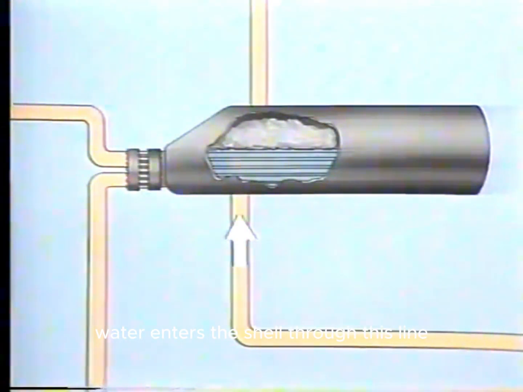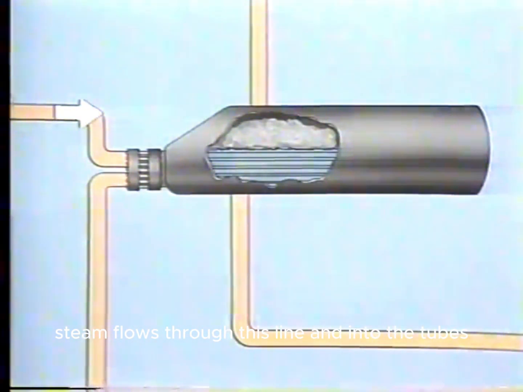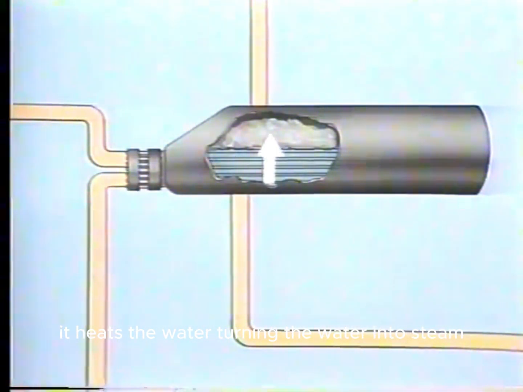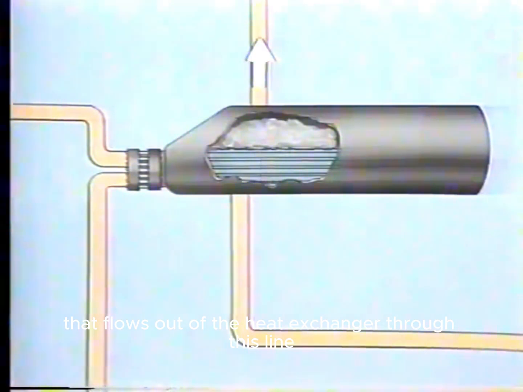Water enters the shell through this line to maintain the level in the shell at a predetermined value. At the same time, steam flows through this line and into the tubes. As steam circulates through the tubes, it heats the water, turning the water into steam that flows out of the heat exchanger through this line.